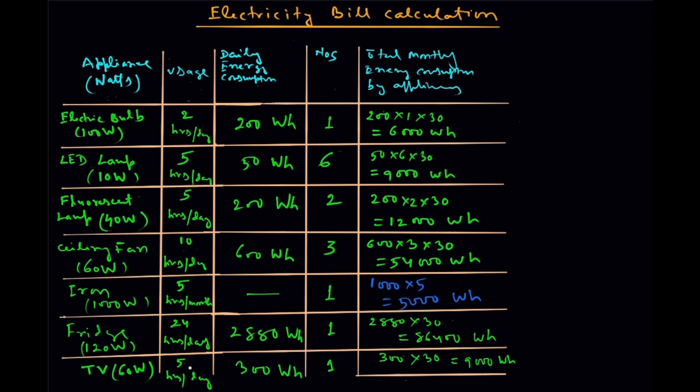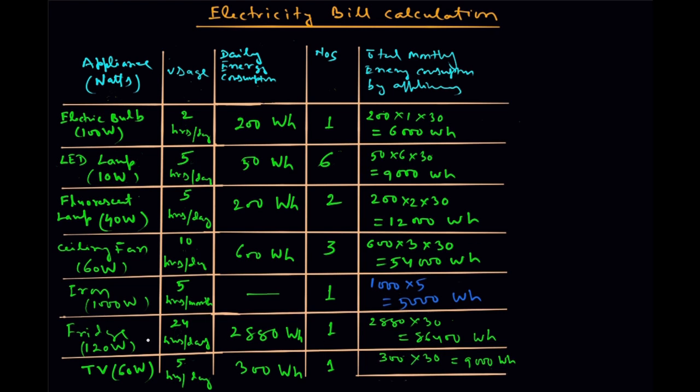Similarly for TV, it is used 5 hours per day. That TV is 60 watt, and 60 watt multiplied with 5 hours per day, so it is 300 watt hour used every day. There is one such TV, so we'll get 300 into 30 for 30 days, so we'll get 9000 watt hour.